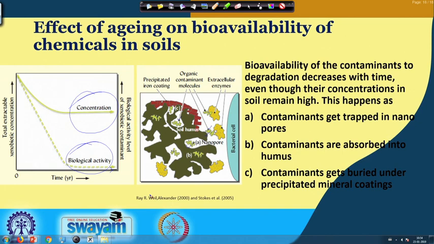You can see this is a precipitated iron coating, the red shape, and the contaminant is buried under this precipitated iron coating. So, there are three methods. The first is trapped into the nanopores, then absorbed in the humus, and then finally buried under the precipitated iron coating.